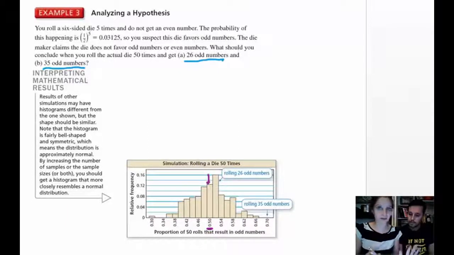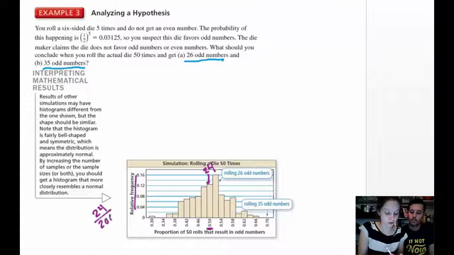I think this is more than 0.12, but we're going to estimate right now at 0.12. This means this happened 24 times. To get a relative frequency of 0.12, you would take 24 times this happened out of 200 total times and get 0.12.